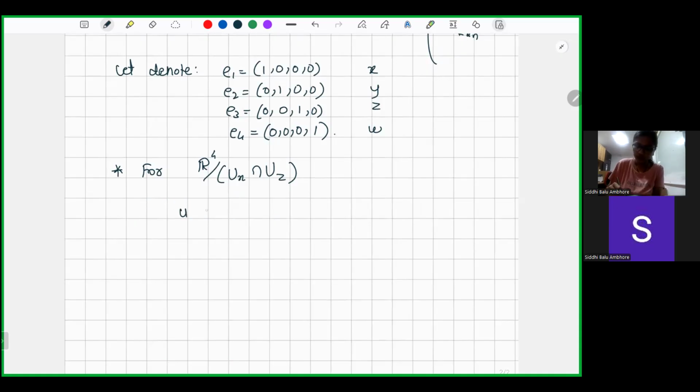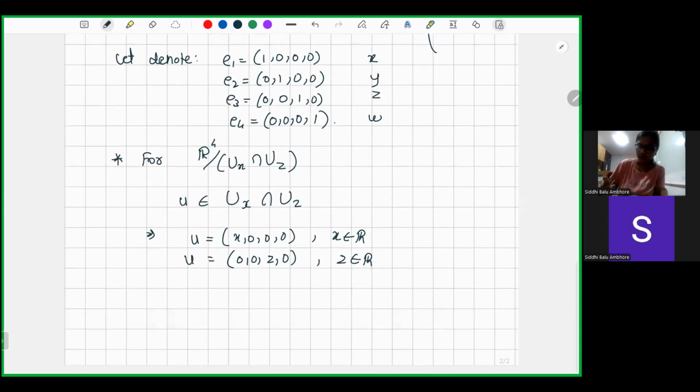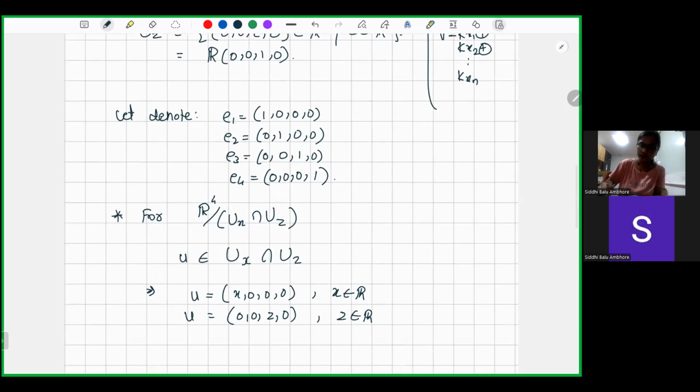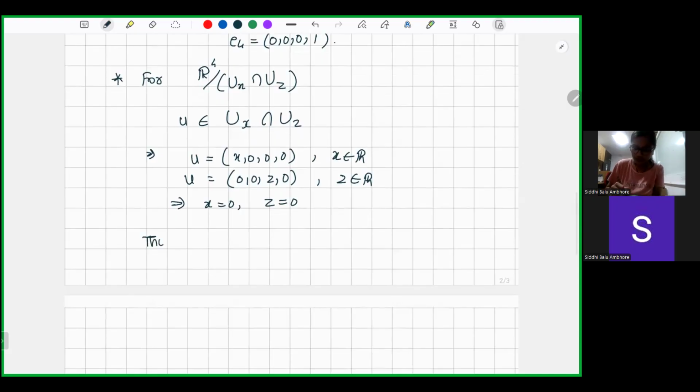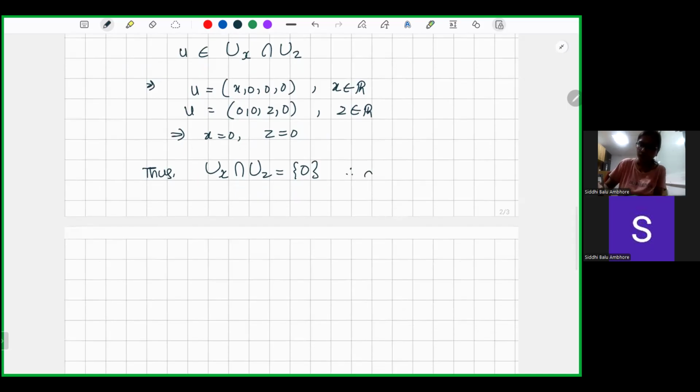If some u belongs to UX intersection UZ, this implies u is of the form (x, 0, 0, 0) for some x in R, and u is also of the form (0, 0, z, 0) where z is in R. So this implies x is 0 and z is 0. Thus we get UX intersection UZ is just the 0 element. Therefore, the dimension of UX intersection UZ is 0.